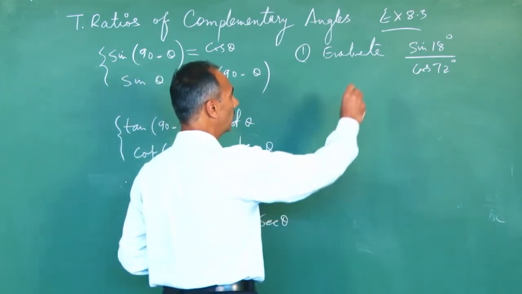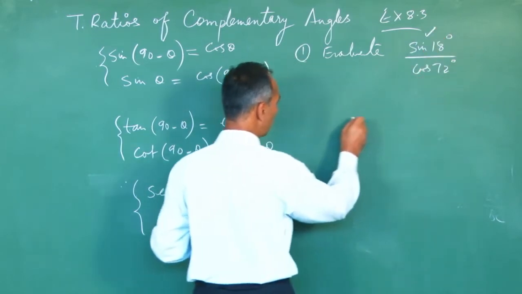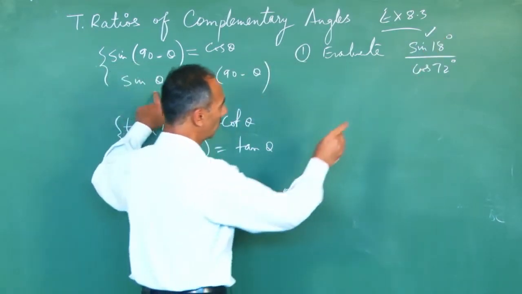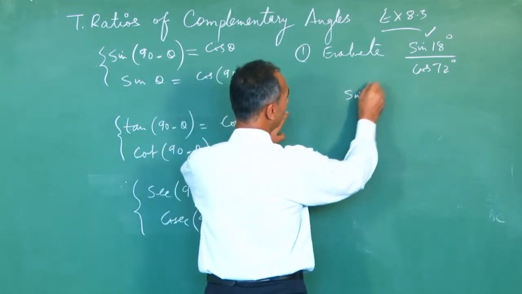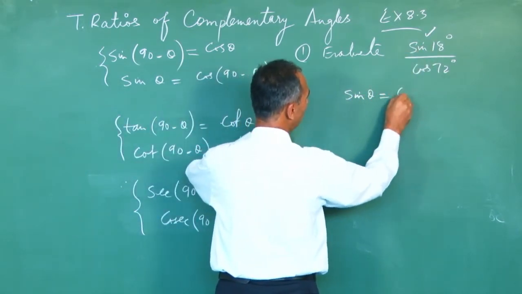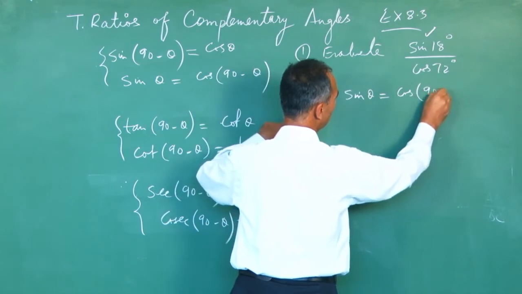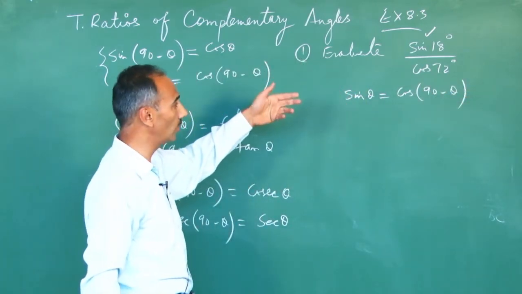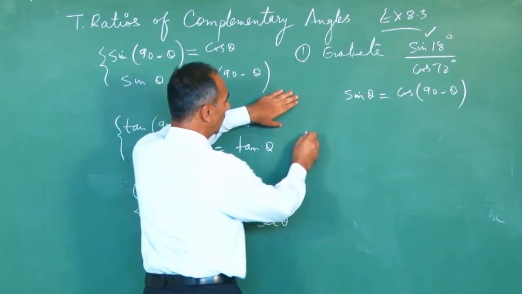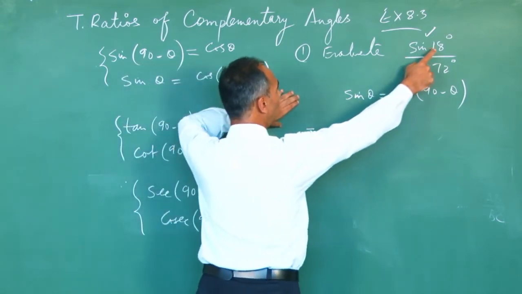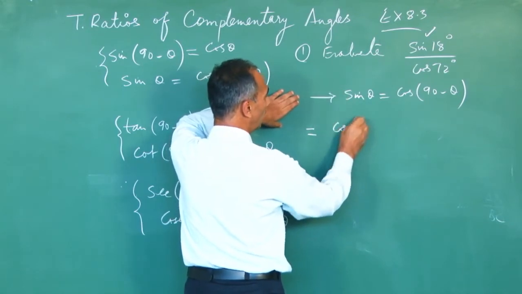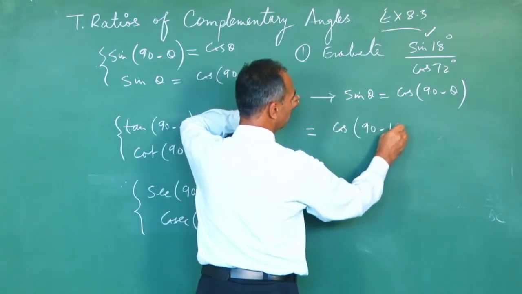Let me change sine of theta, the numerator. So I will use the result sine of theta is cos 90 minus theta. Theta is your 18, sine theta we know it's cos of 90 minus theta. I can change the denominator also, but you have to change only one of them. Let me change the numerator. So sine of 18, using this result, it's cos of 90 minus 18.